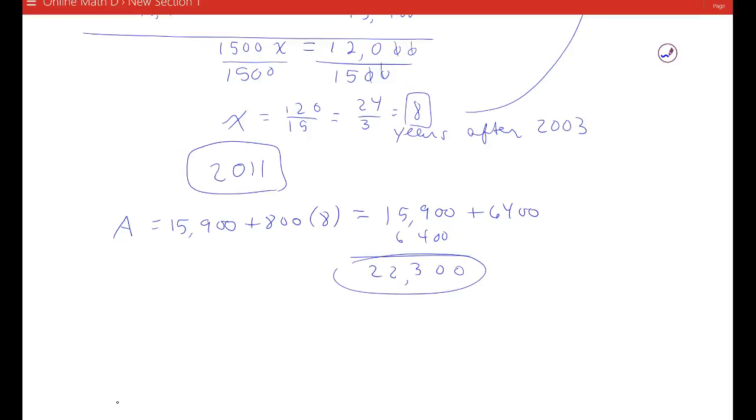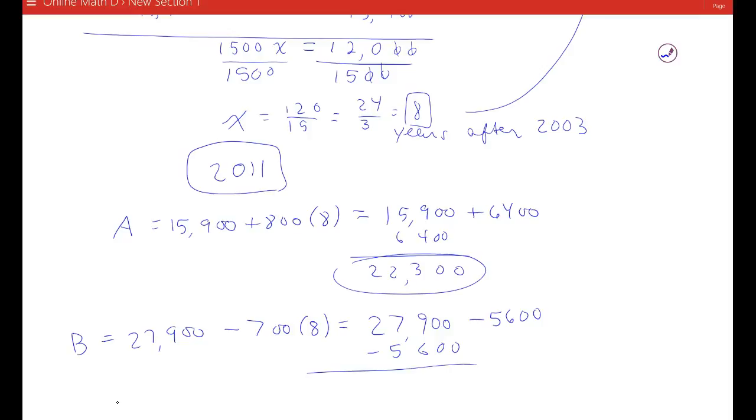So I get 22,300, but notice that if you use the formula for college B, let's make sure we get the same thing. So I'll have 27,900 minus 5,600. So let me subtract vertically because I do a lot better job that way. And I get the same number.